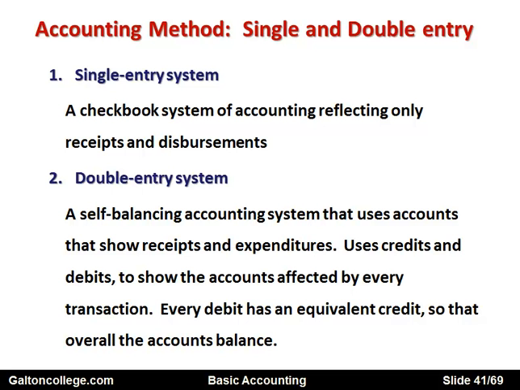The composition of our assets will have changed. We'll have less cash and we'll have more raw materials. So the composition of assets within the business has changed. But in terms of accountancy, the system balances. So double entry is an extremely important part of the accounting system. And this is the system that's used in businesses, the double entry system.